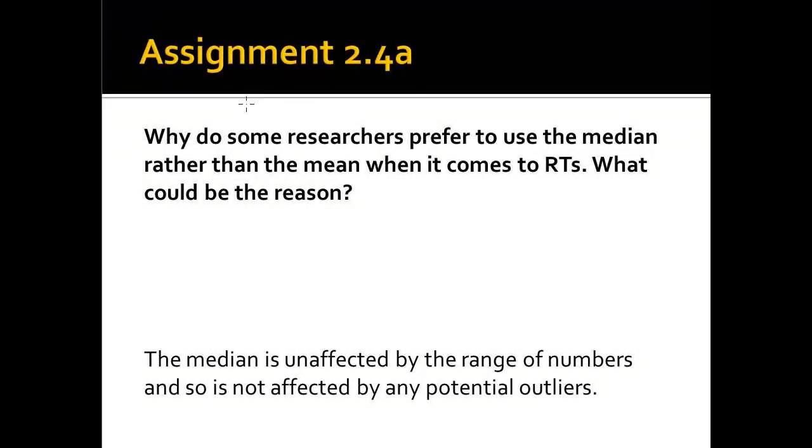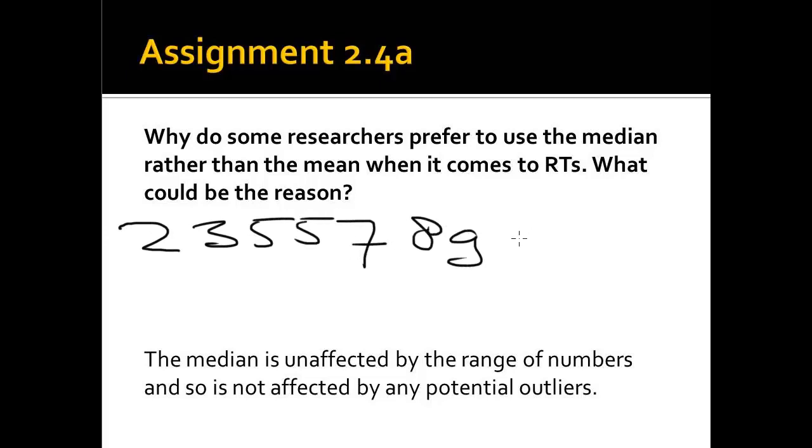Let's now continue with assignment 2.4a, and it asks us why some researchers prefer to use the median rather than the mean when it comes to reaction times. Well, if you have a list of numbers ordered from the smallest to the largest number, the median of those numbers is the number in the middle of that list. So in 2, 3, 5, 5, 7, 8, 9, 19, and 202, the median would be 7.